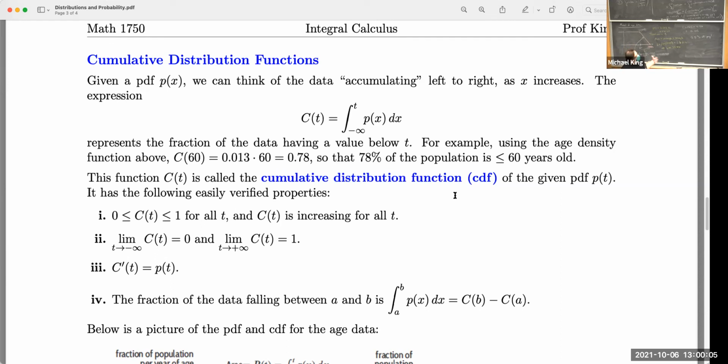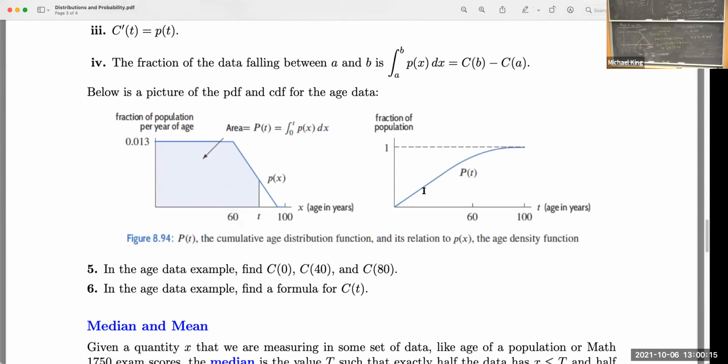There's something called a cumulative distribution function, which is basically the percentage of the data less than an amount. So you sort of add up the data as you go. The best thing I can show you is this picture right here, because this is the PDF that we had. If you want the fraction of the population less than 60 years old, or less than 5 years old, it would be small.